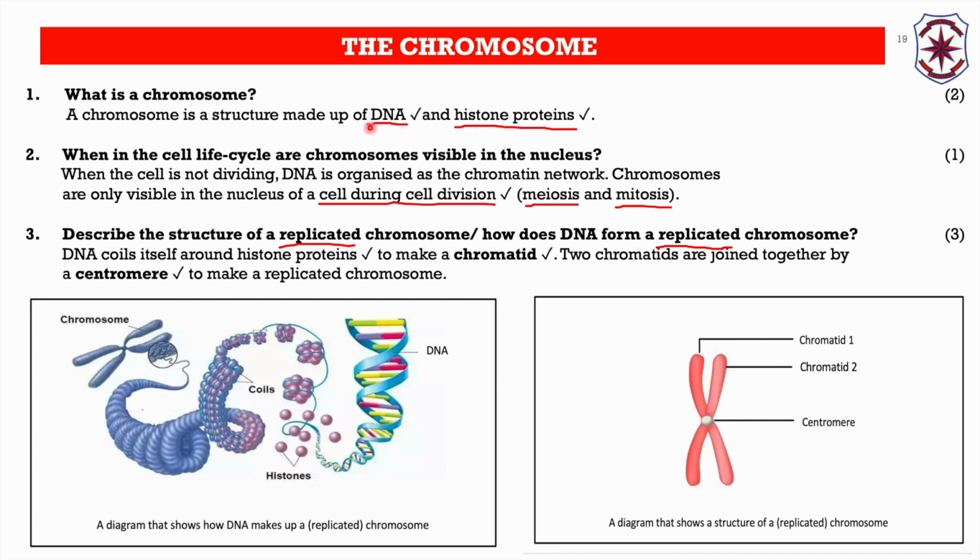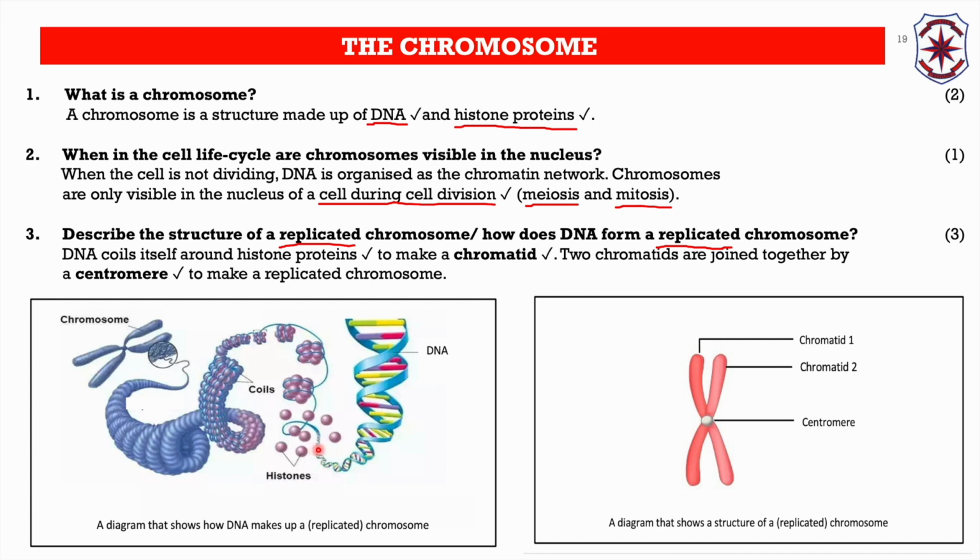Now, how are these two components of a chromosome organized? We said that DNA coils itself around histone proteins. When we study this, there is our DNA. As you can see, it is quite long. It's a very long molecule. And then there are our histone proteins.